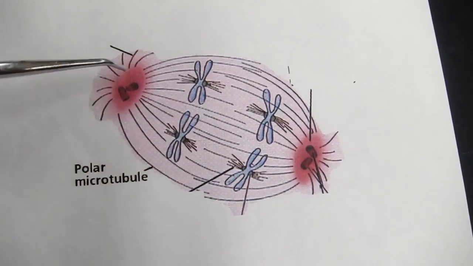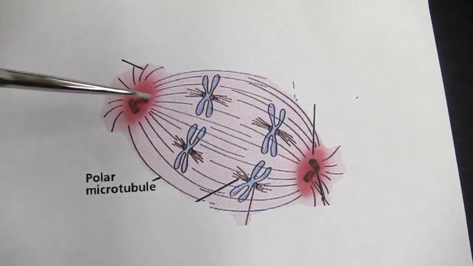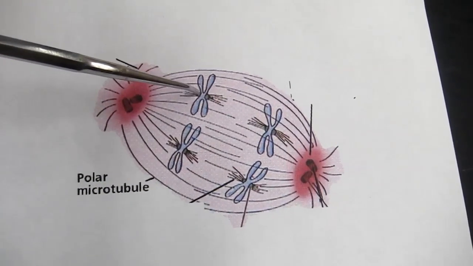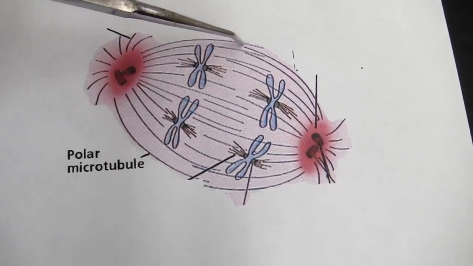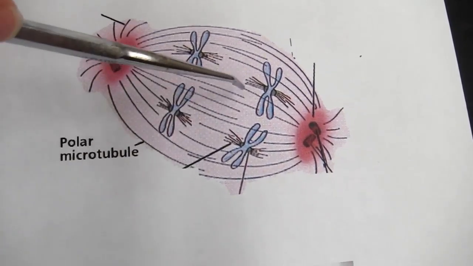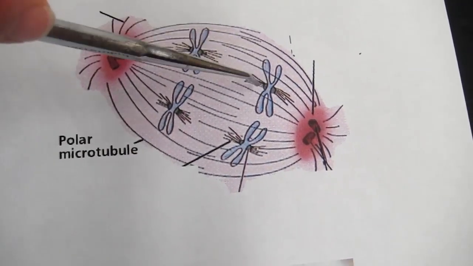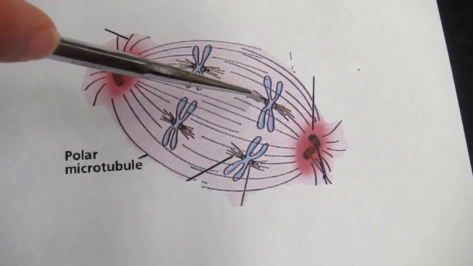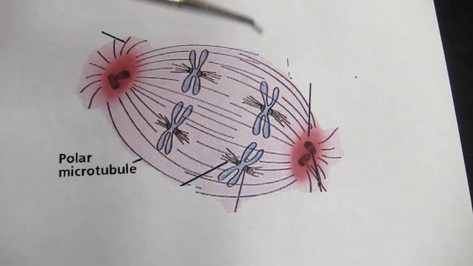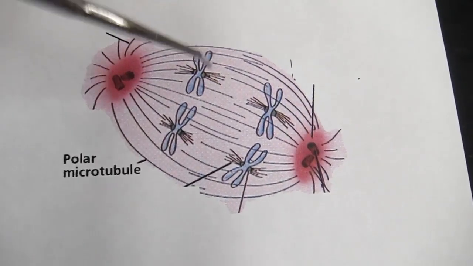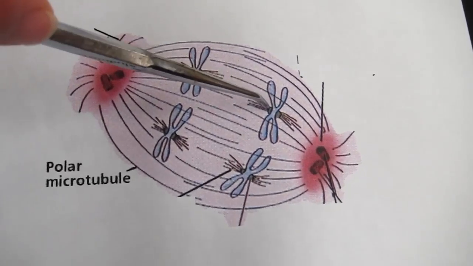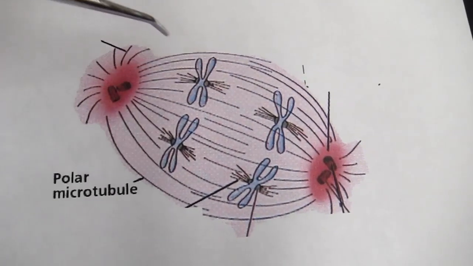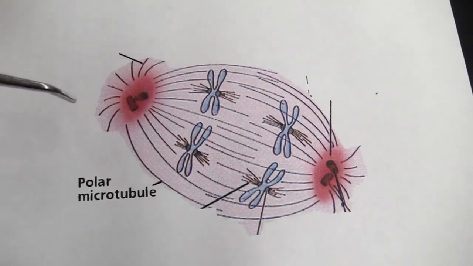The spindle is the structure that allows the chromosomes to move to the midline, and then once the centromere breaks down, it allows the two chromatids to move to opposite sides of the cell.